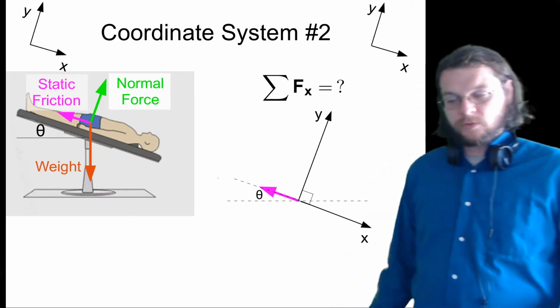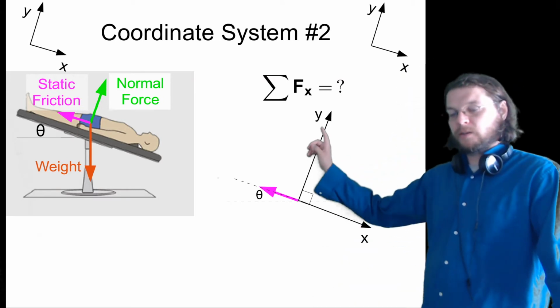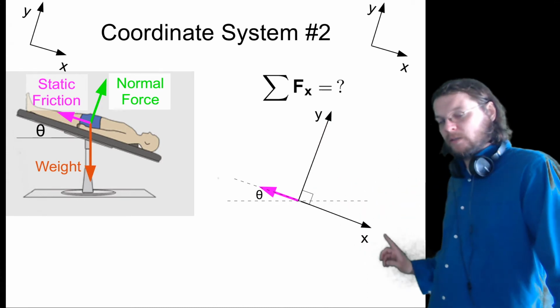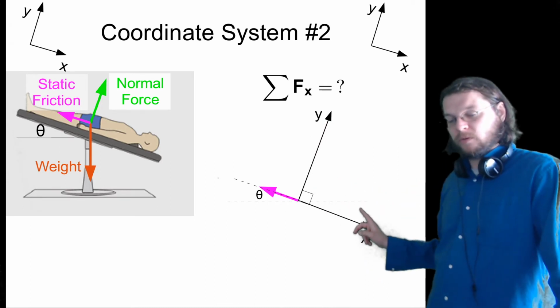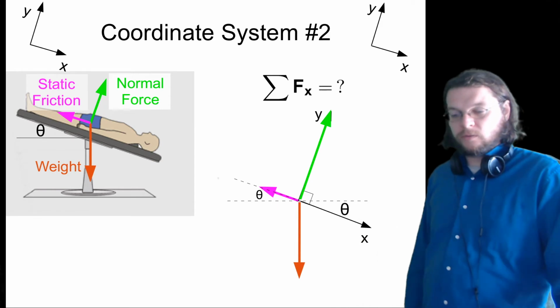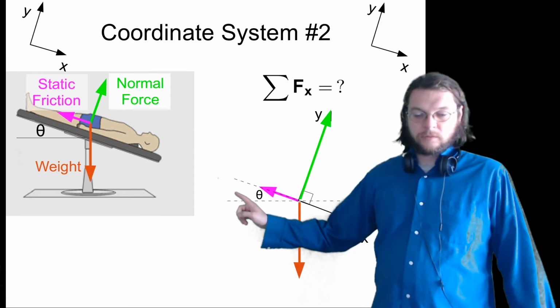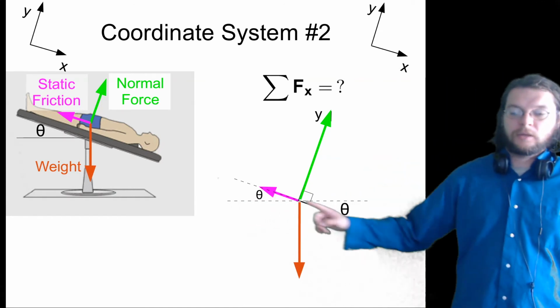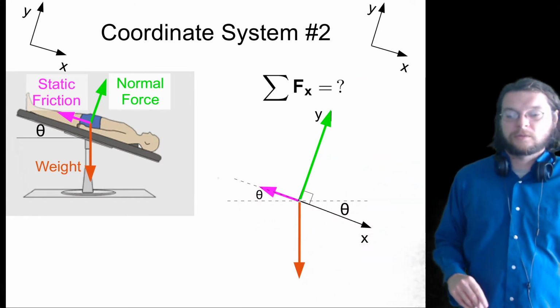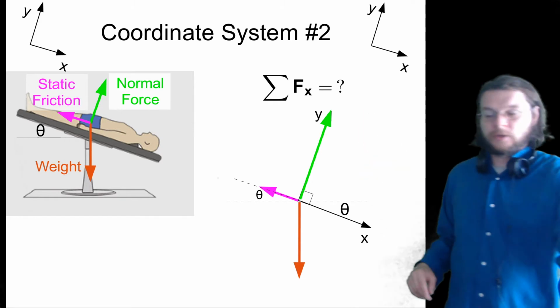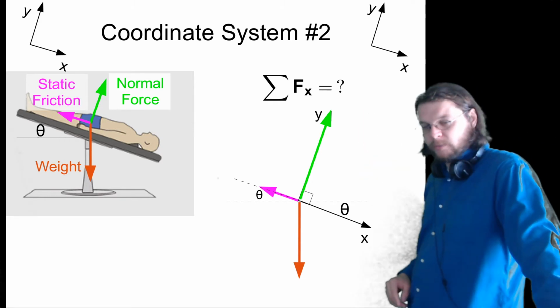We have to come up with the sum of the x forces here, but where this is the x-axis, not what we had before. There are still the three forces there. We've got this angle, which you can tell is also this angle, one of the things we know. So now when I put together this equation, it looks a little bit different.